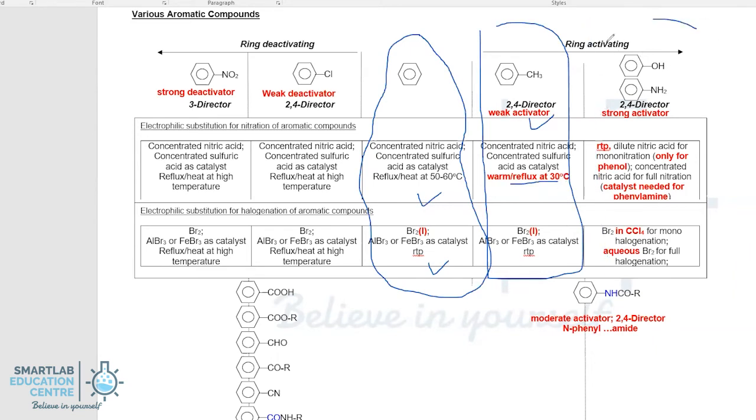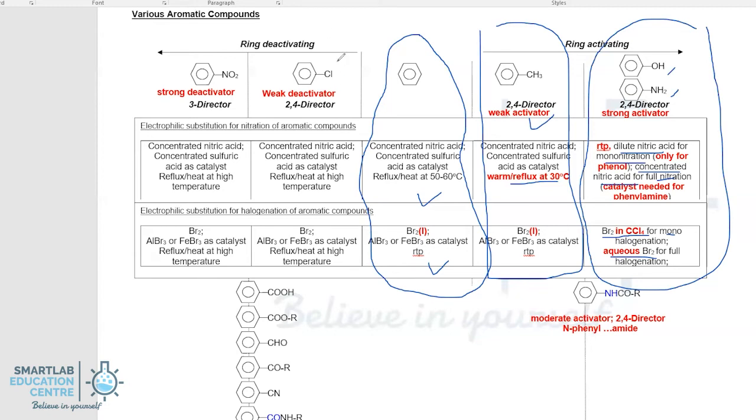And finally, when you nitrate and halogenate your phenylamine and your phenol, knowing that they are strong ring activators, that means that you just need to use dilute nitric acid for mononitration and concentrated nitric acid for full nitration. Similarly, you just have bromine in CCl4 for mono and aqueous bromine for full halogenation. There's no need for any catalyst at all.